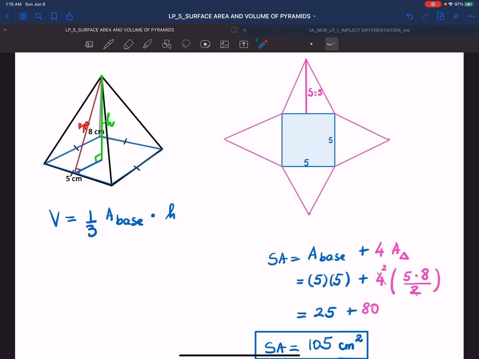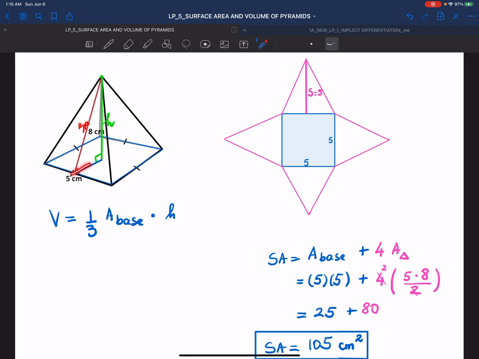Now, if we're looking for height, we need another measurement, and that would be this side in here. I want you to think of what this side length would be. Remember that this perpendicular was drawn right in the middle, in the center of the base.